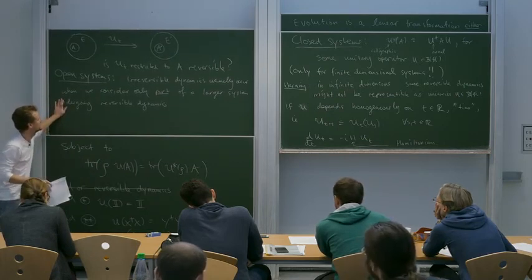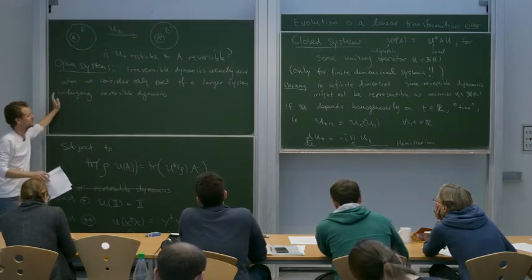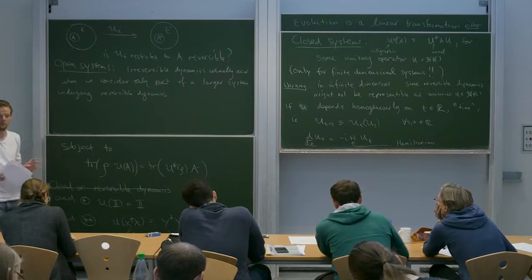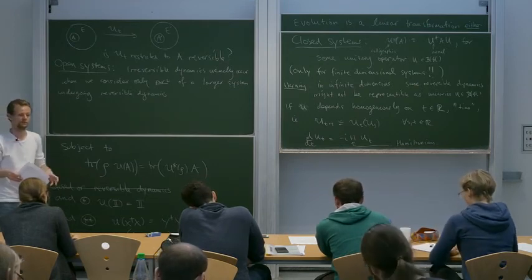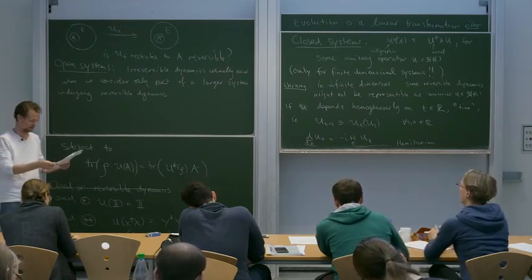I've already said it. Irreversible dynamics usually occur when you have something evolving reversibly with a system you then ignore.